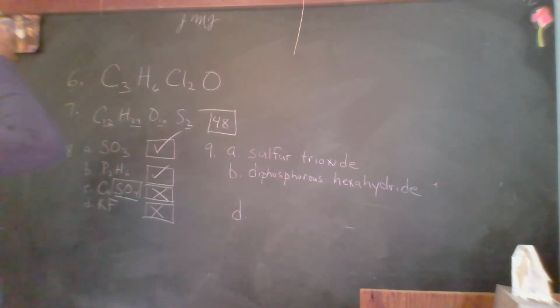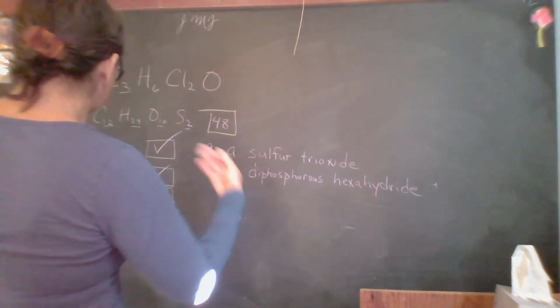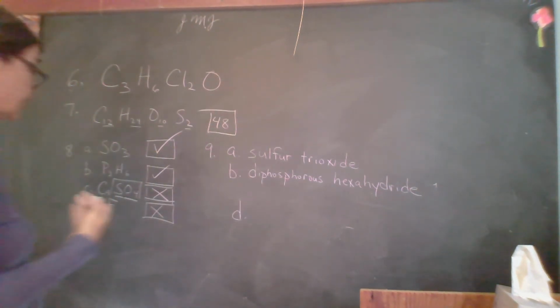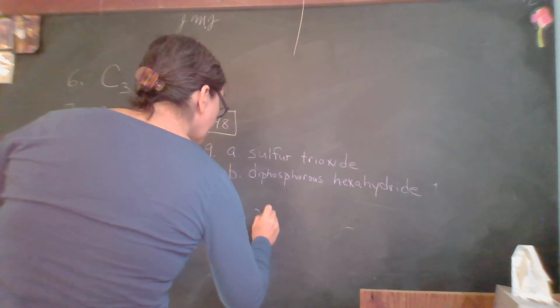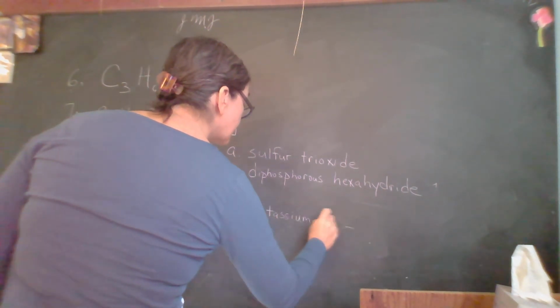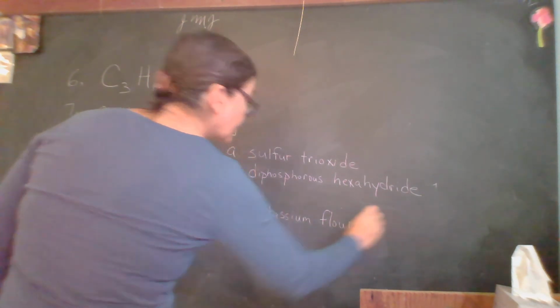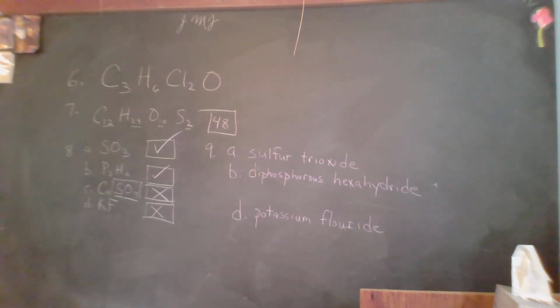D is boring because it's an ionic compound, and so rather than worrying about the prefixes, we're just going to name the elements. That is potassium. I don't remember what F is. Well, look it up. Right there in your chart. Krypton? Jeez, fluorine. Okay.